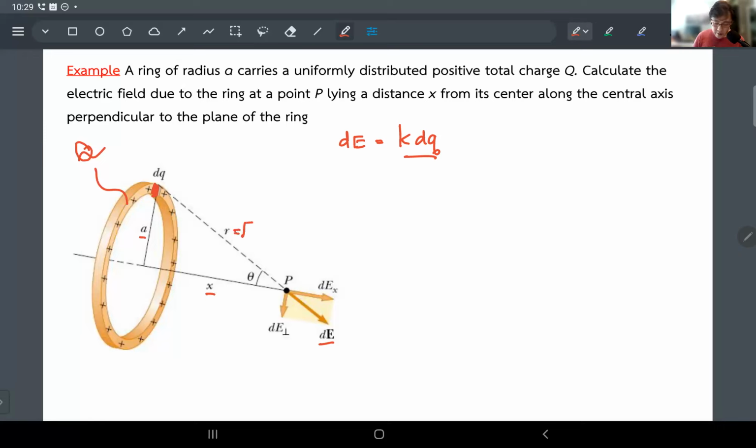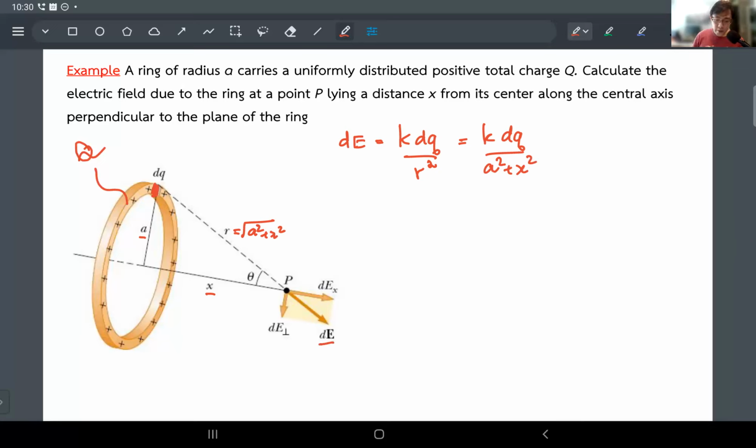So it's going to be k dq over r squared, and r squared is just a squared plus x squared. The square root just disappeared. That is very doable up to this point.